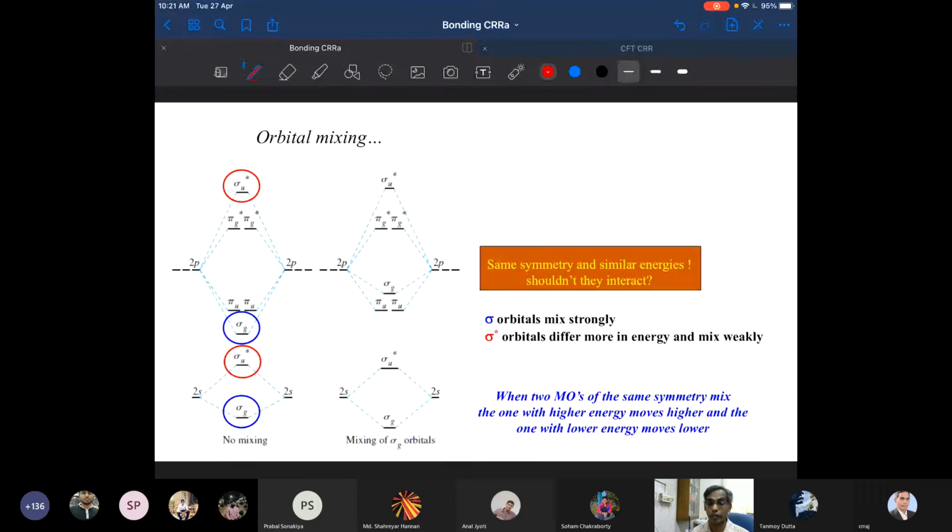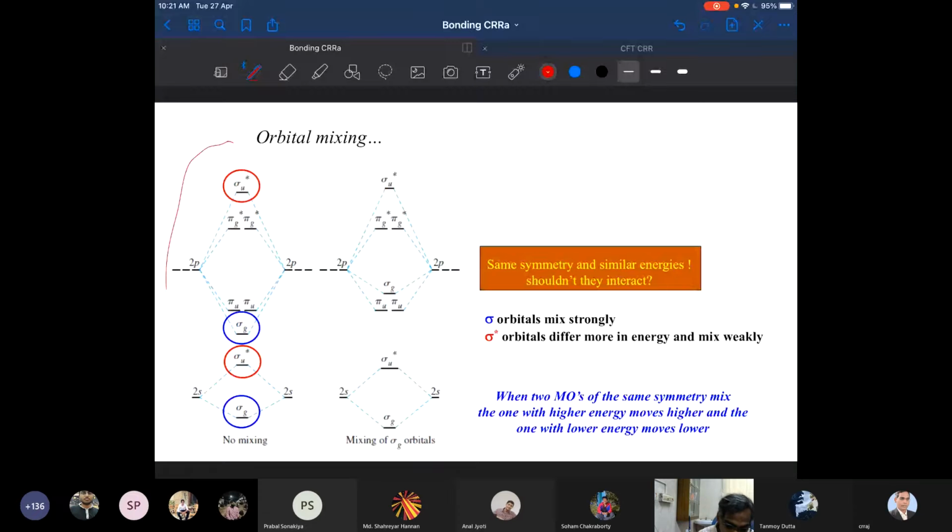You can read it from the screen. Now, what is the implication of this orbital mixing? The order of the MOs changes. This is before mixing; there is no mixing here.